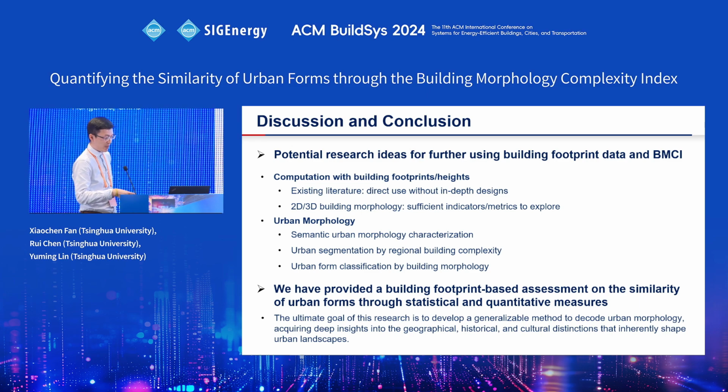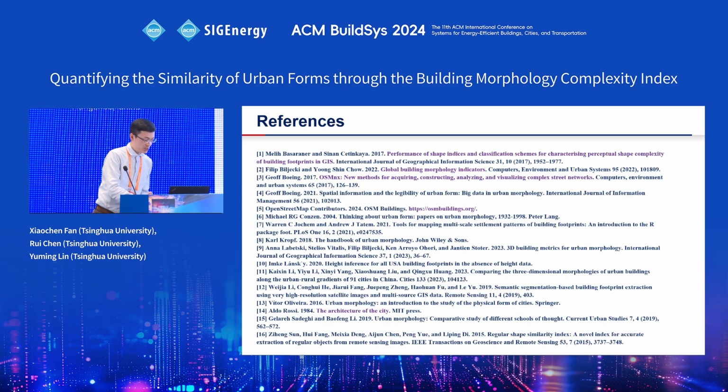I think that may contribute to our understanding of urban forms and how different cities around the world are influenced by each other for historical, geographical or cultural reasons. So that's my presentation here today.